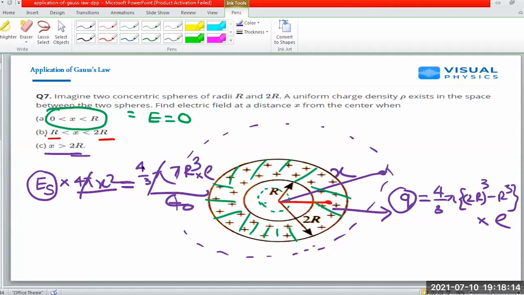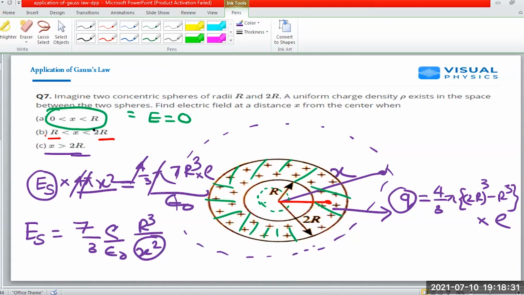So cancelling out 4 pi, my electric field outside the concentric shell will become 7 by 3 rho by epsilon naught r cube by x square. And for part B, I give it to you as homework. You can solve on the same graph.